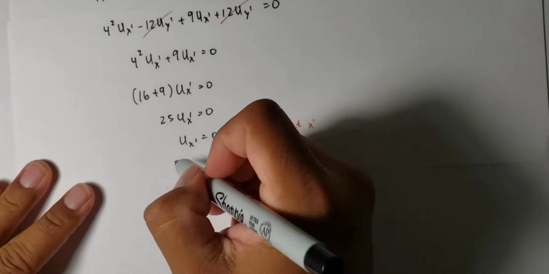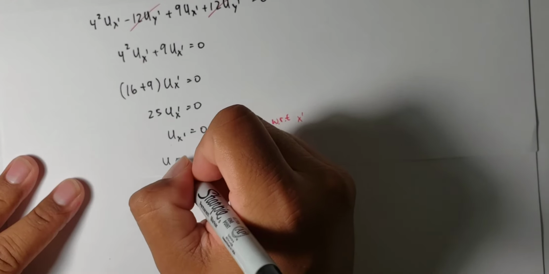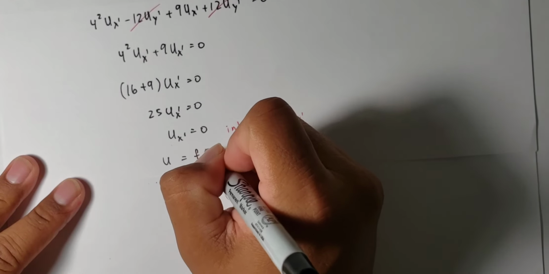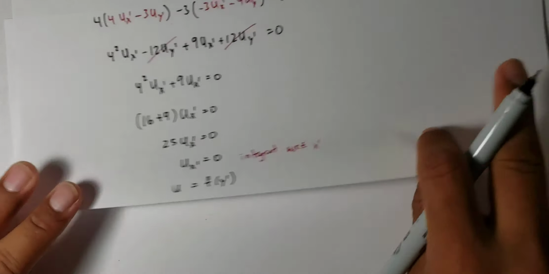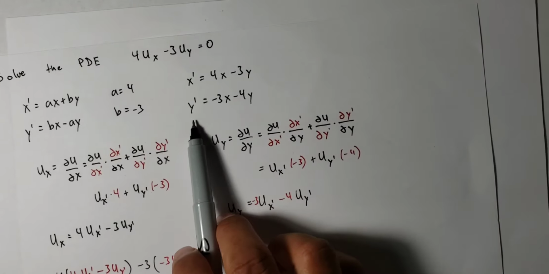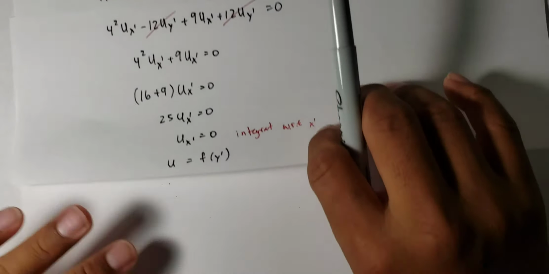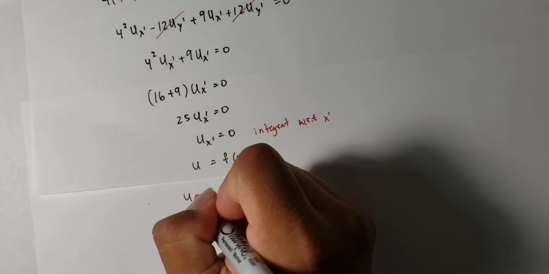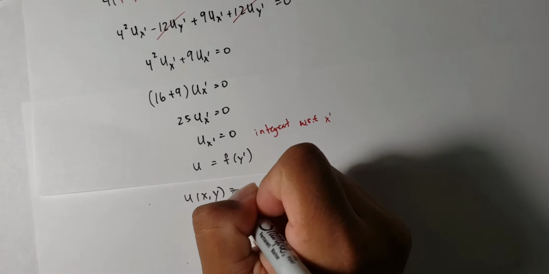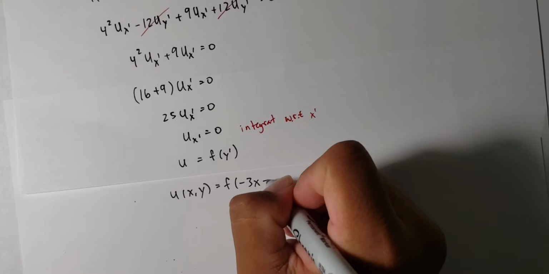So we get u is equal to f of y prime. But we stated earlier that y prime is equal to negative 3x minus 4y. So we get u of x, y is equal to f of minus 3x minus 4y.